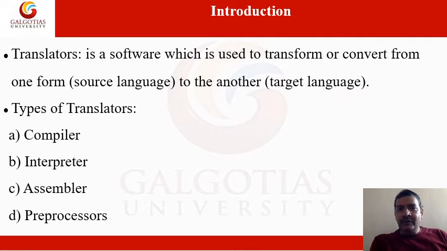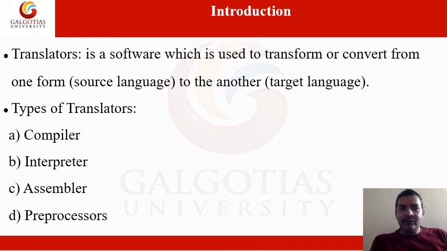You have studied many languages like C, C++, and Java. You should know what source code and target code are. This is what the translator is, which is used to convert your source code into the object code, or your source language into the object language, or the target language.